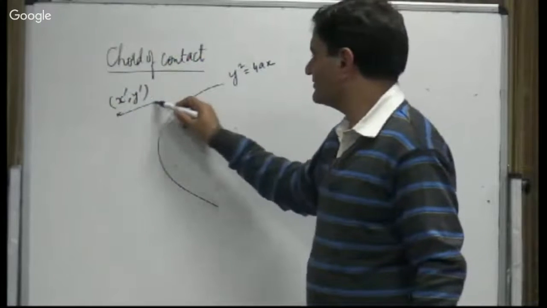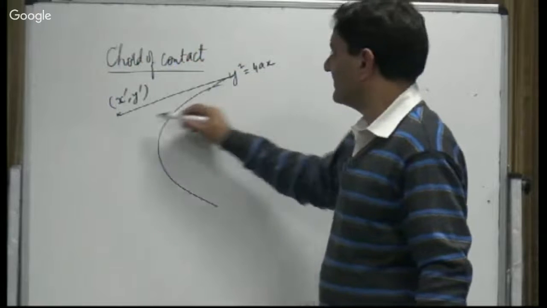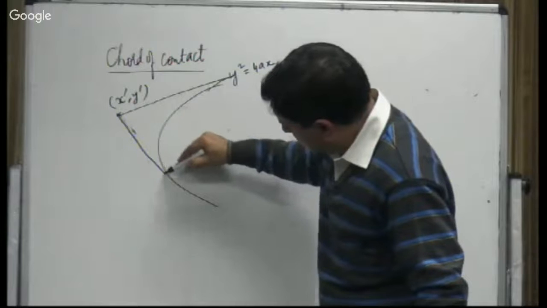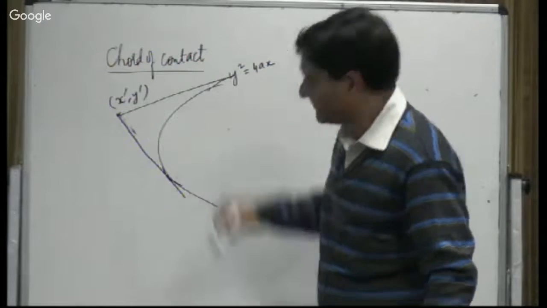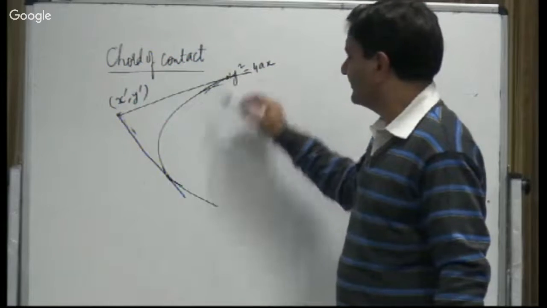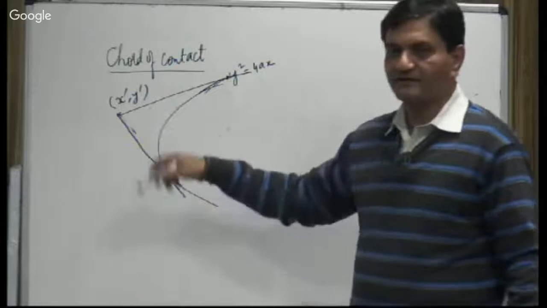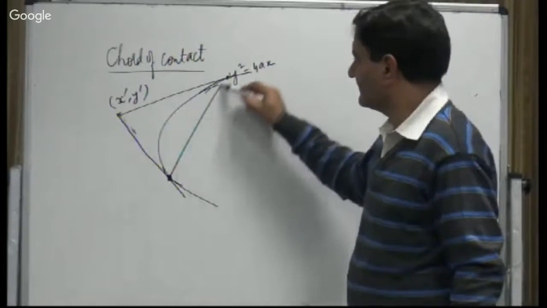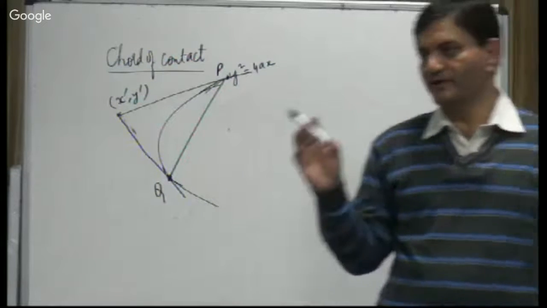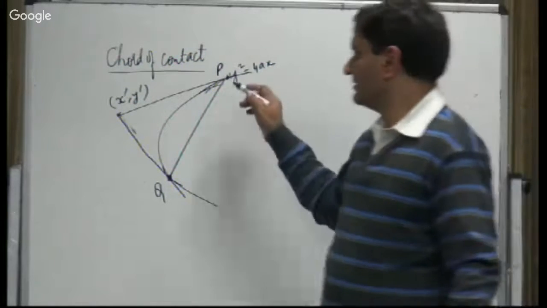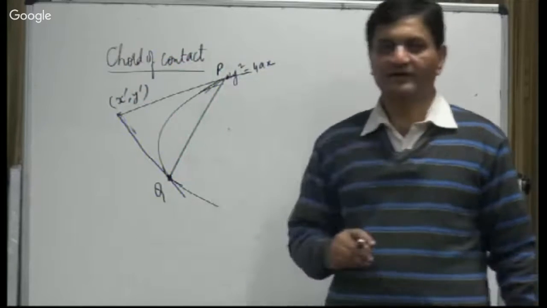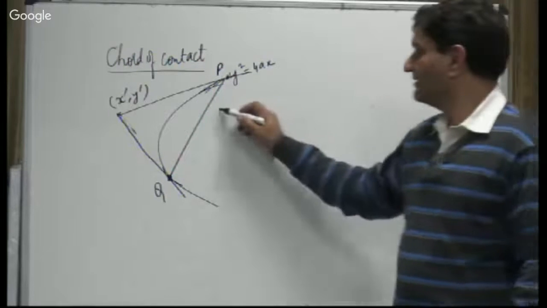You can draw two tangents from a point outside it to a parabola. Like this. Then you join the points where the tangents touch. This PQ is known as chord of contact. From a point, you draw two tangents, the points of contact you join, and this chord is known as chord of contact. And this equation is same, T equal to 0.